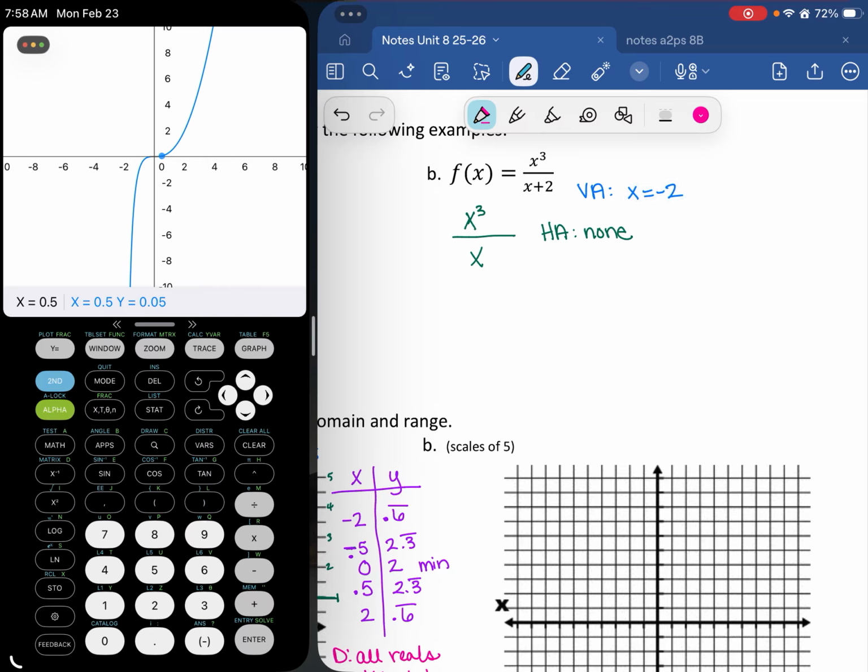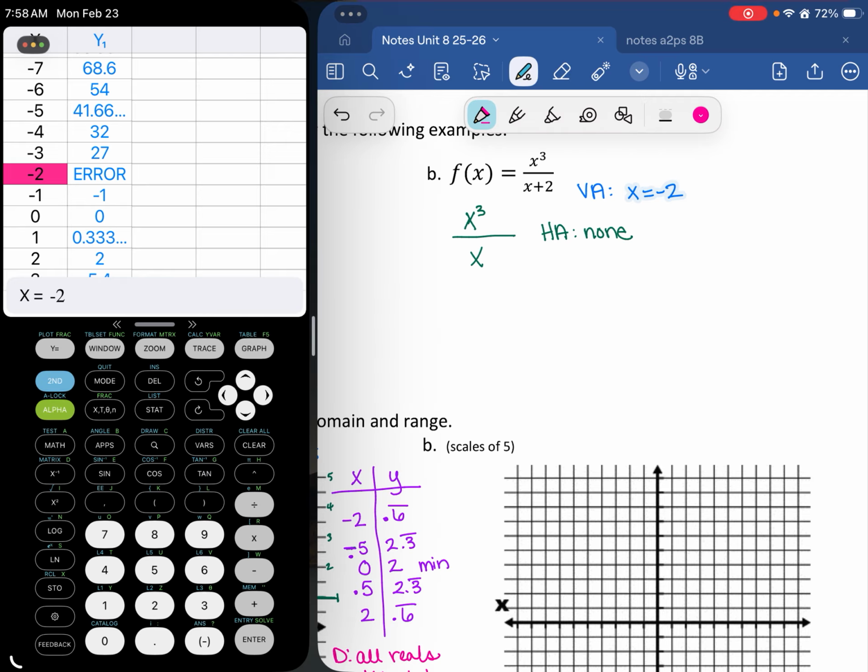But then what happens is you have a hole at -2 because of an asymptote. So when you go to your table, you have an error at -2, but it goes through the graph because you don't actually have a horizontal asymptote, so it's just a point of discontinuity. And so what you would have to do is calculate it out and everything. With that, we're not going to worry about it because that one is not on the test, but I did want to talk about mainly this part here.